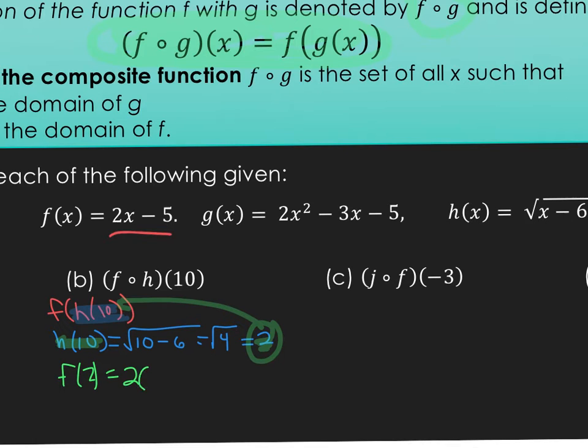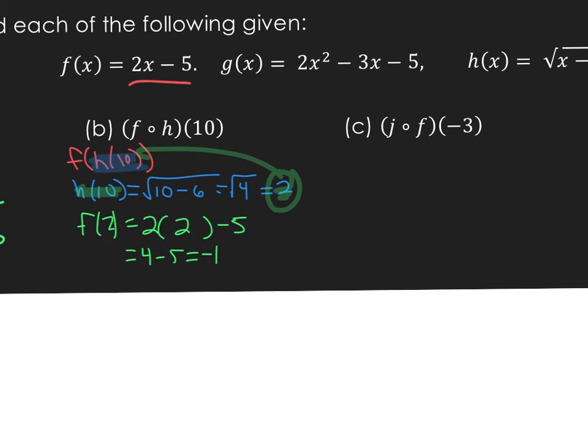So we'll take our f function, take the x out, and replace that empty parentheses with a 2. And 4 minus 5 is negative 1. Now, I will show you the other way, and you do get the same answer. If you find f of h of 10, that means find f of h of x first. So you'll take your f function without the x, and you put all of h in its place.